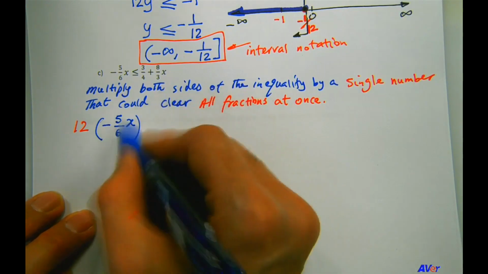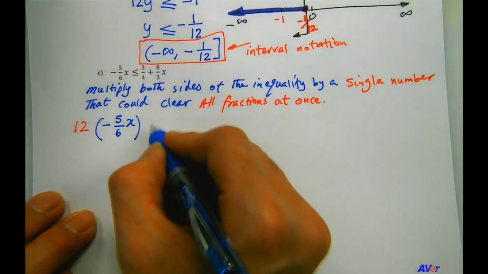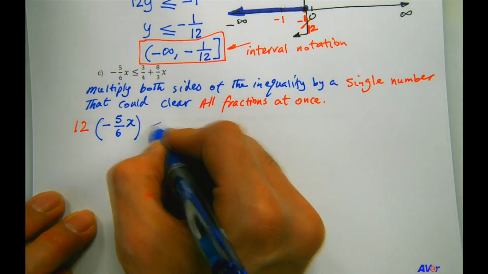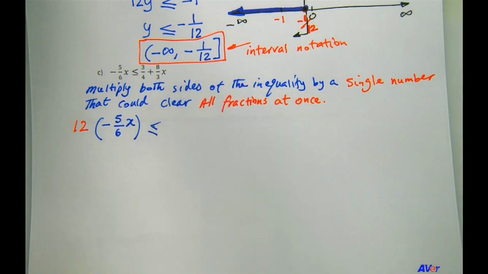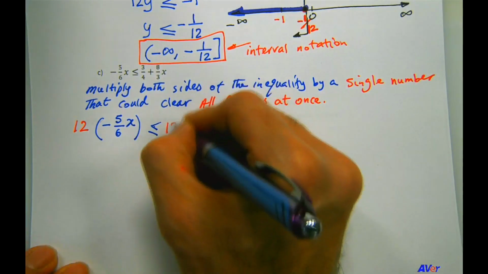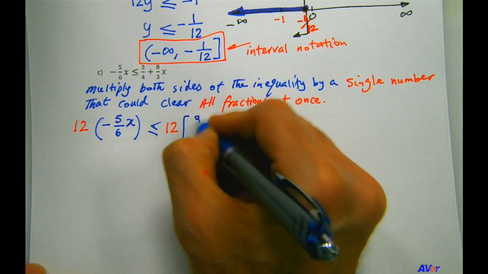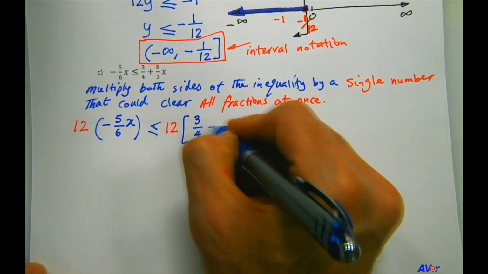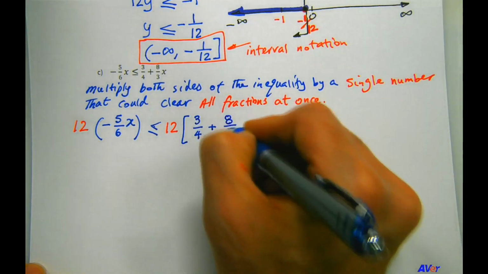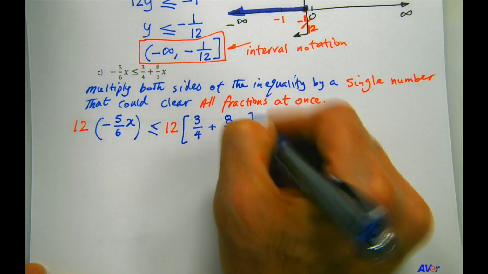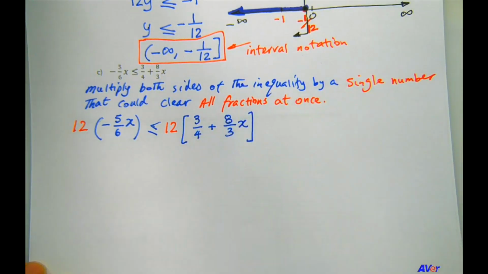Okay, minus 5 over 6x, and then less than or equal to, again 12, times 3 over 4 plus 8 over 3x, which means 8x over 3.